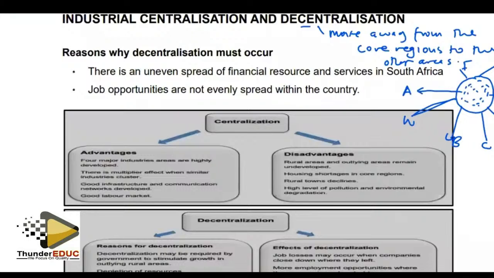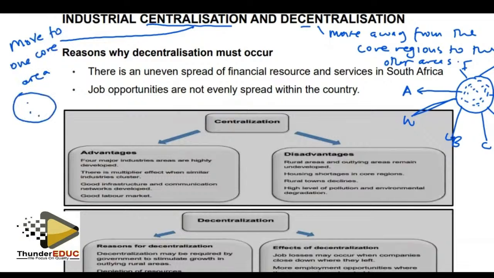Industrial centralization. Now, with centralization, industries move to one core area. It's like they cluster in one region. Remember, with decentralization, they move away from the core areas.